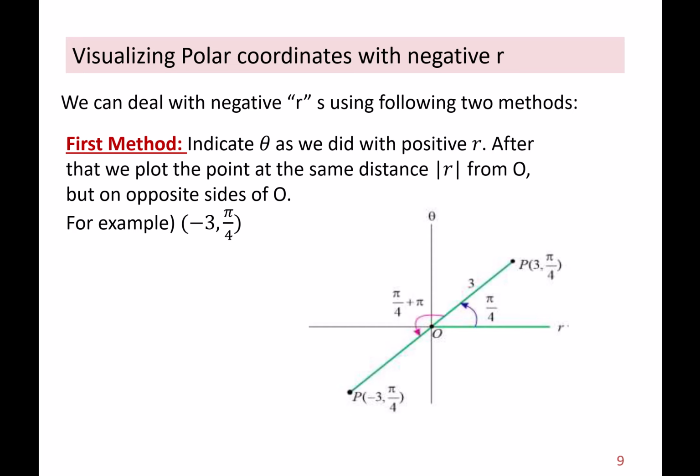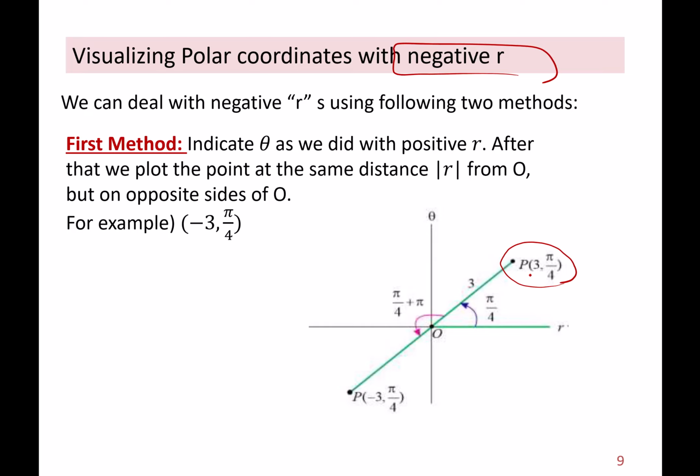Now, how do we visualize a polar coordinate with negative r, which is very important. You should focus on how to handle negative r. Before, we sketched the polar coordinate (3, pi over 4).